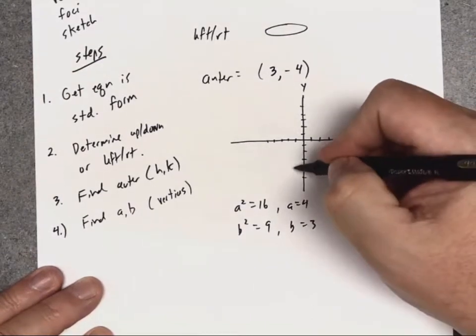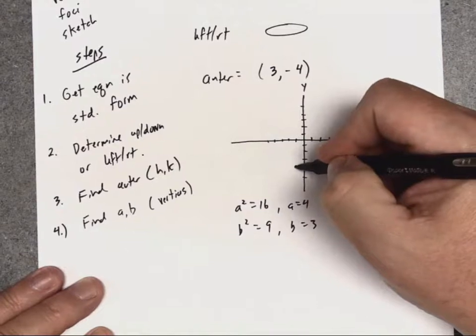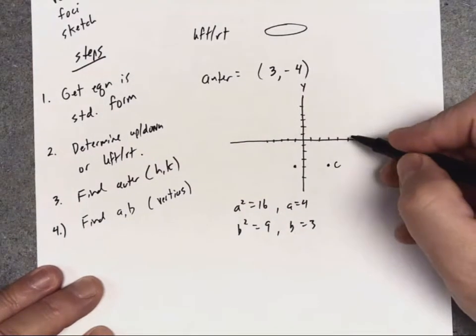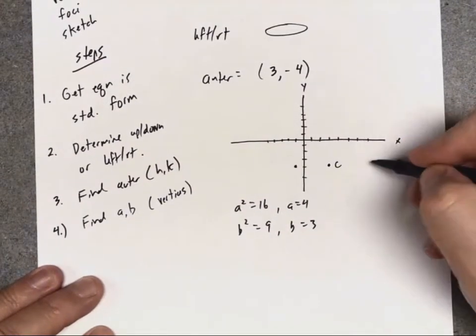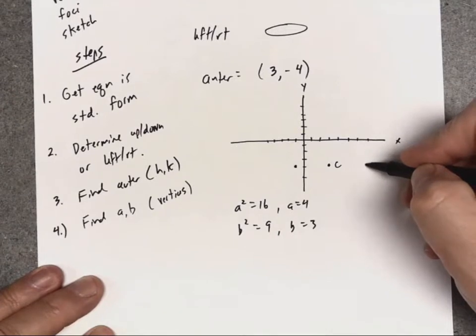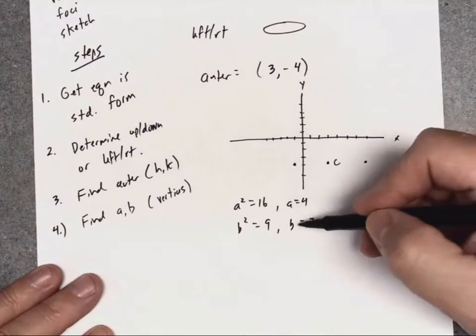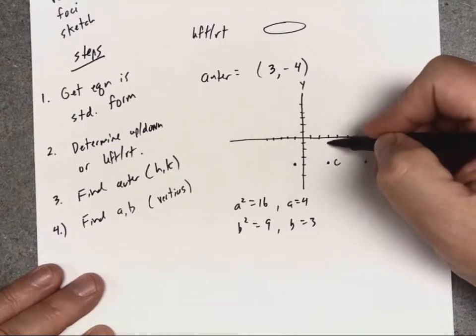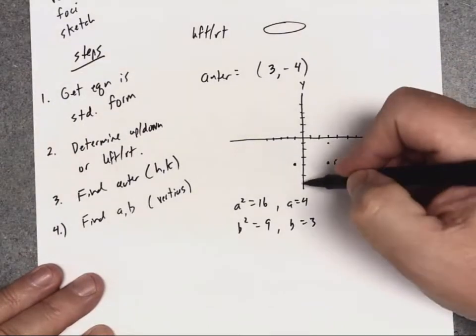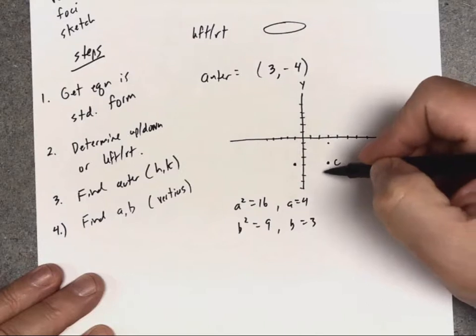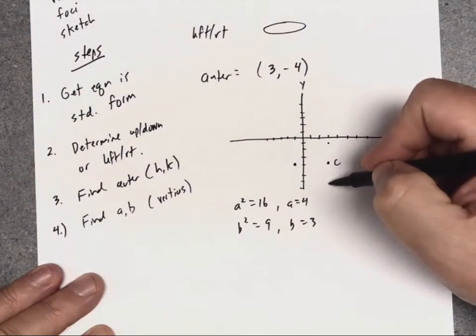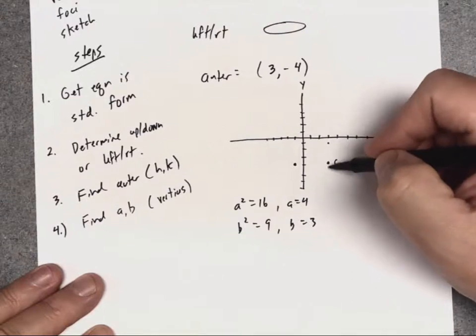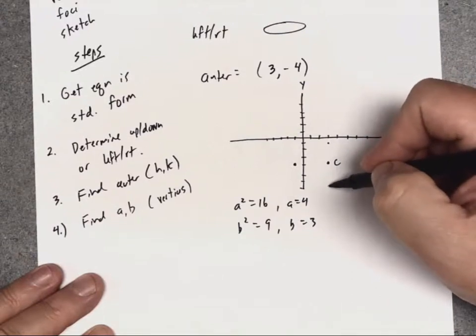If I move 4 to the left, that's one of my vertices, and move 4 to the right, that's another vertex. Then B is how far I go up and down. You need to go 3 up, which is right here, and 1, 2, 3 down.